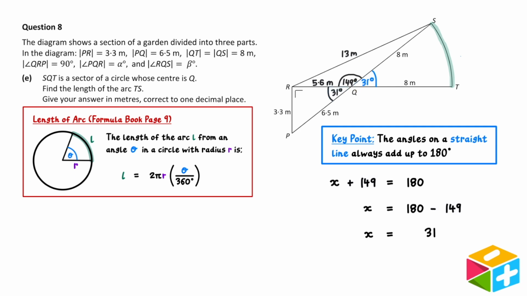In our formula, theta refers to the angle spanning the arc. Here, we'll have theta equal to 31 degrees. r is equal to the radius, and in our diagram, this is equal to 8 meters. Let's sub these values into our formula.